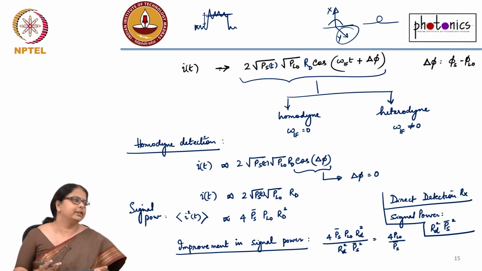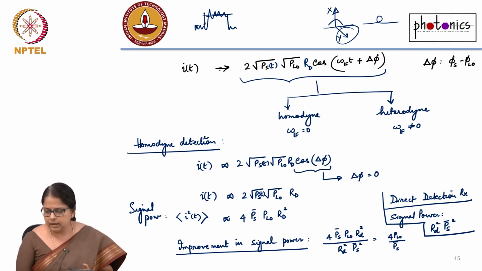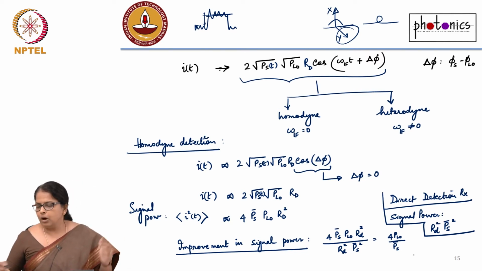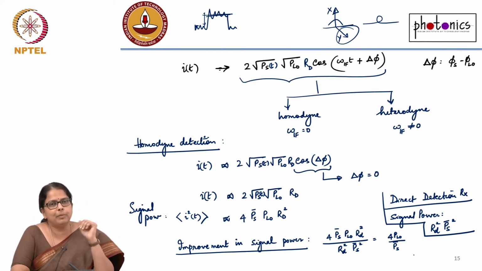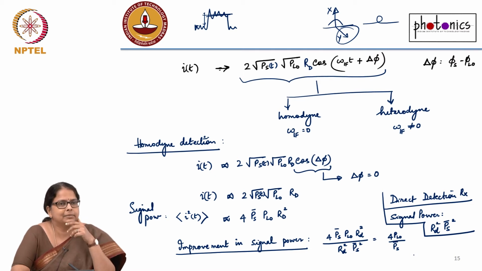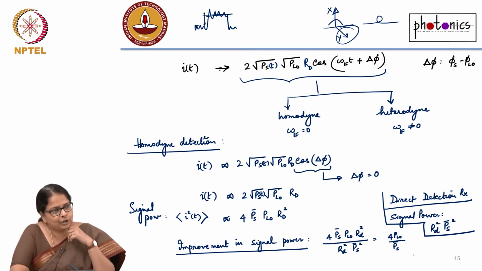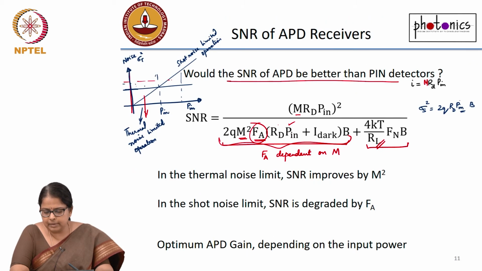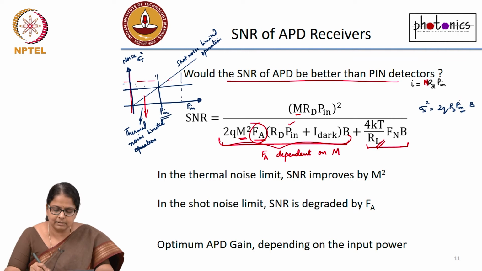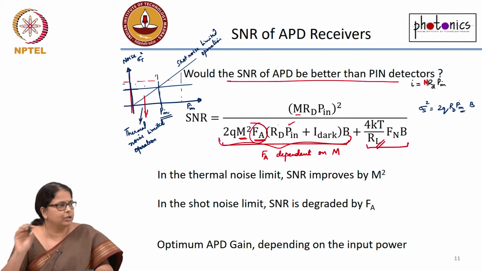Okay, typically what is the magnitude of the PLO? How do I decide the magnitude of PLO? What was the purpose of putting that PLO in the system? To operate in the shot noise limit. So the magnitude should correspond to this power: I should go much above the power at which my shot noise is equal to thermal noise, to push my system into the shot noise dominated regime.